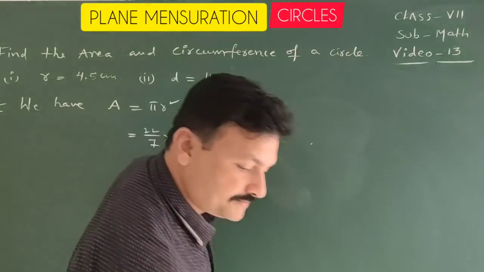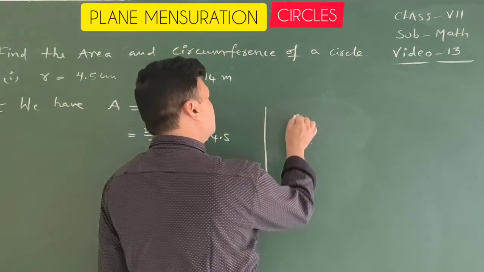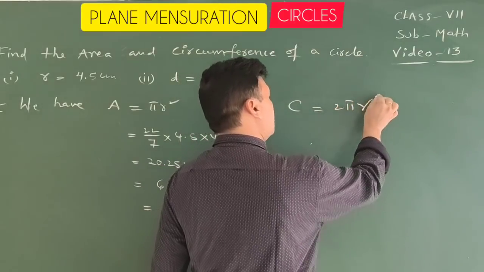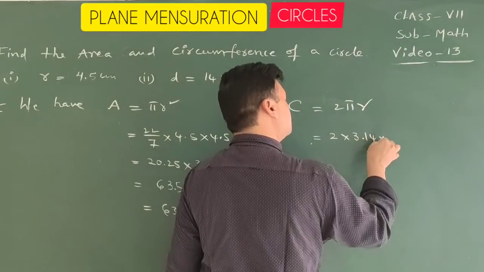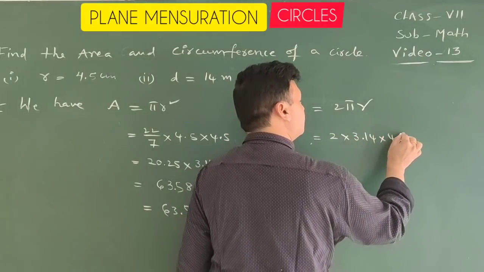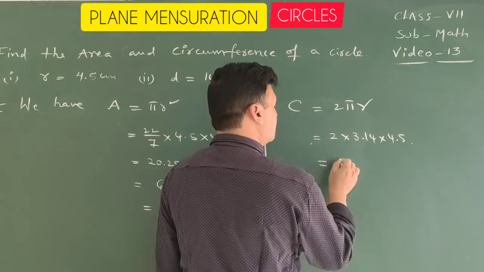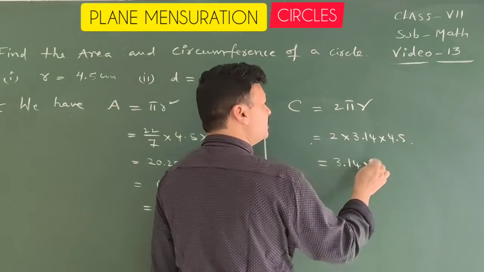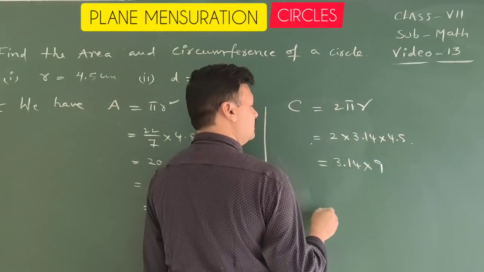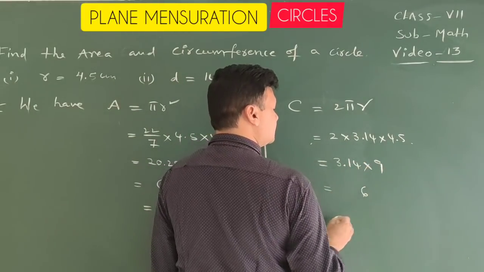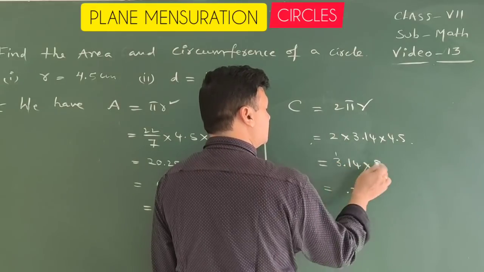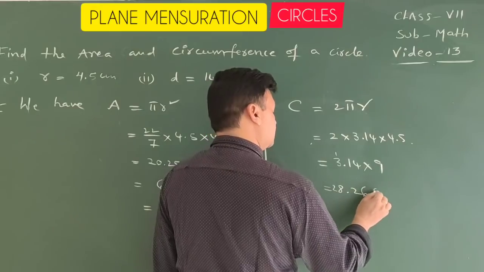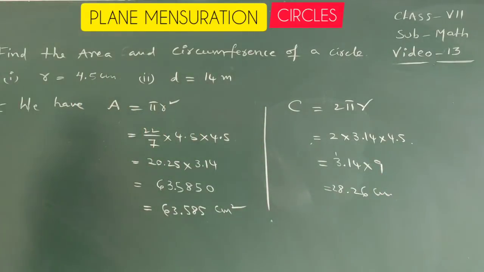Now circumference. Circumference equals 2 pi r. Okay, 2 into 3.14 into r, that is 4.5. Multiplying, we get 28.26 centimeters.